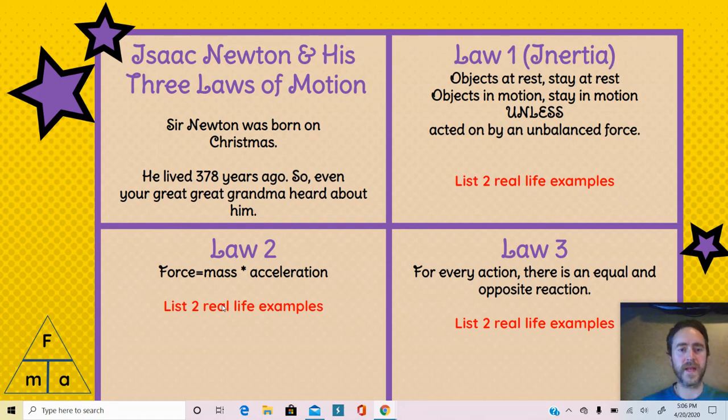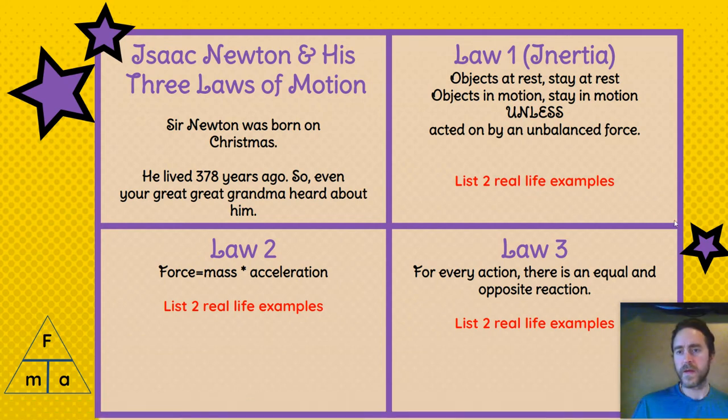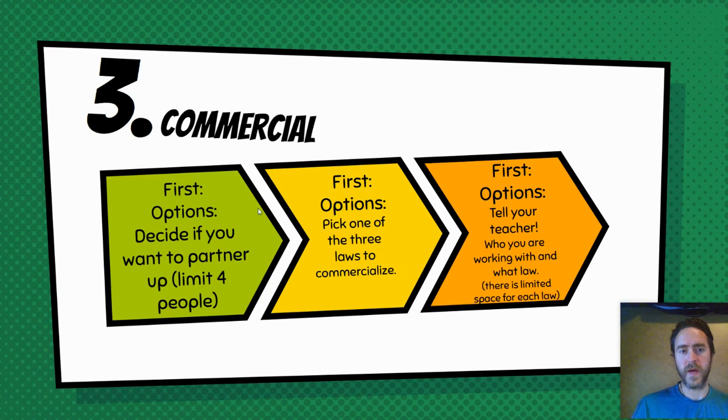What I want you to do is list some real life examples that you could use in your commercial. So that's your step number 1. That's this week's mission. And also decide, am I going to work on this alone or with someone else? I'm going to have you do a maximum of 4 people. So here, like I said, first decide if you want to partner up with up to 4 people.